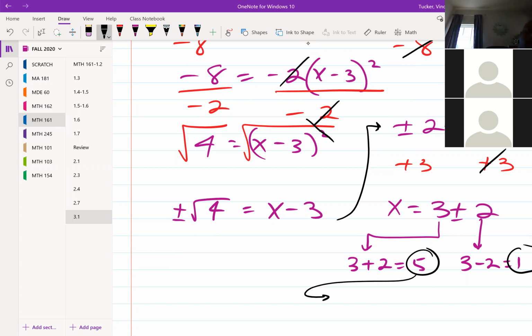So my ordered pairs here are going to be 5, 0 and 1, 0 for my x-intercepts. Don't forget y was equal to 0.